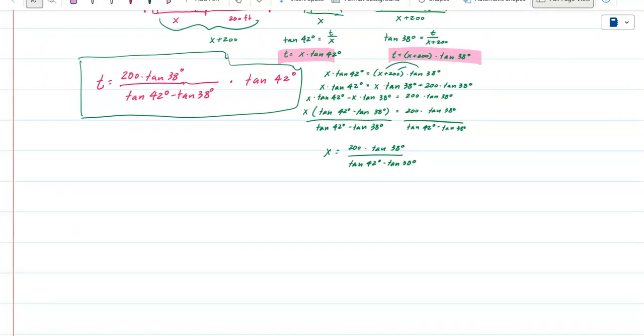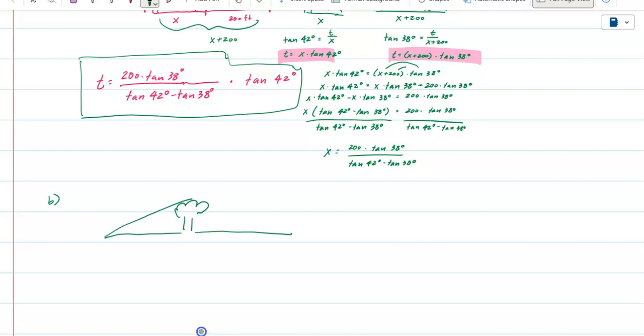Now, scenario B is when the tree is in between them. And so we have, I'm going to draw a point right here.